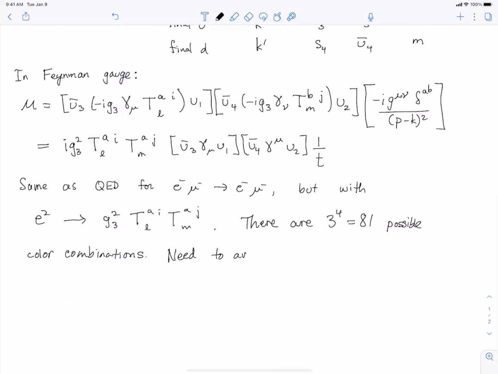So we need to average over initial colors. The initial colors are i and j. And sum over final colors. Those are the l and m.